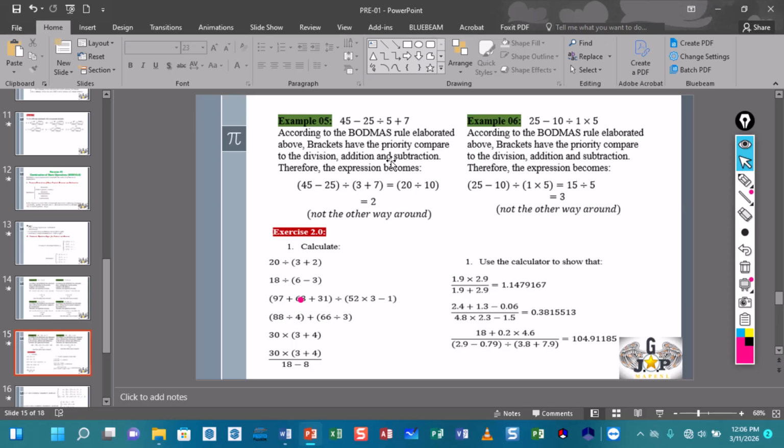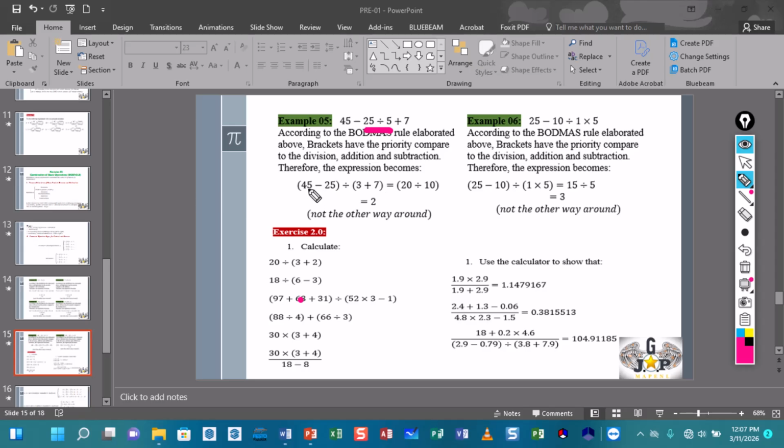The good result is the smallest number in comparison. By that, what do I mean? Let's take an example. This one, right? If we apply the rule of BODMAS, when you have subtraction, division, and addition, the D comes before the A and the S. So we have to start with the D, right?